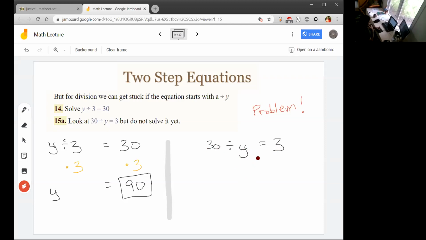But how do I get there? Because the order of division matters, I can't do a times 30. This isn't that I started with y and then I divided it by 30, so I can do a times 30 to get back to y. This is the opposite. This is I started with 30, and I'm doing a divided by y to it.